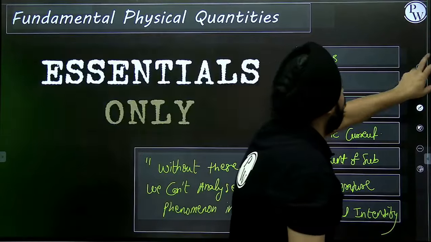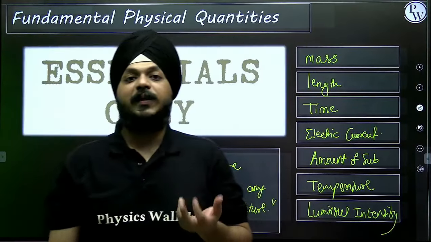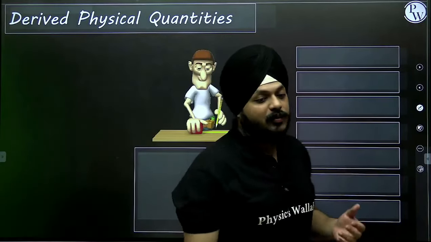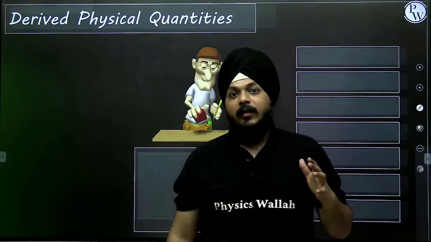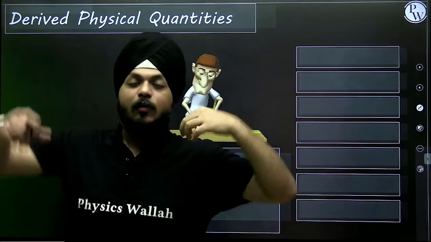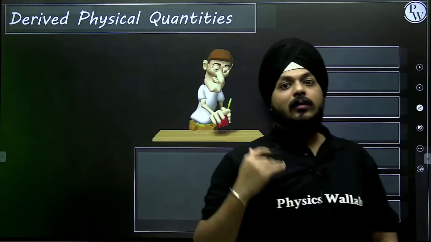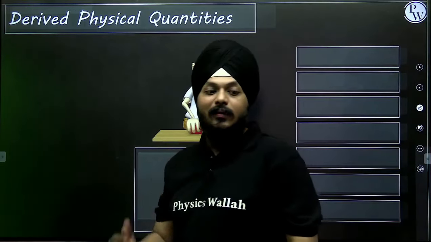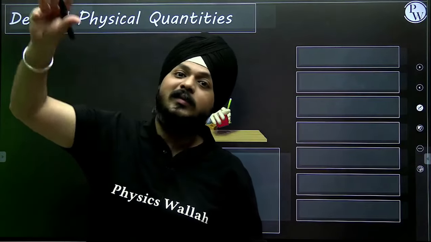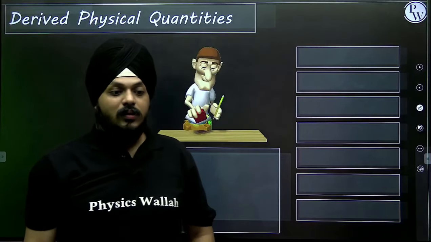Now moving forward to the next part. As I said, without these physical quantities, we are not able to identify or define any process. When it started, it was all about the fundamental physical quantities. Now we are growing high. We analyze some phenomena, and apart from this, there was involvement of some other factors also.